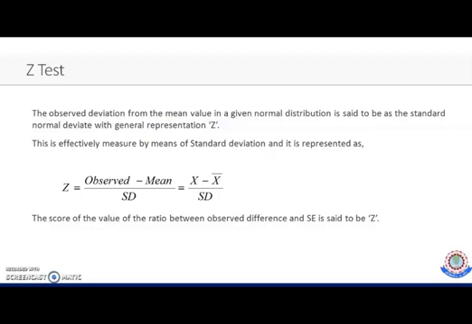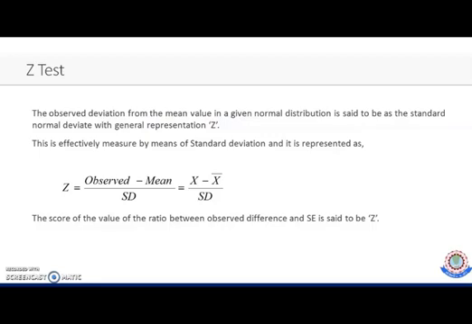It is measured in terms of standard deviation, focusing on how much a given observation or a tuple of record is smaller or higher than the mean value, described in units. The formulation is Z equals observed minus mean by standard deviation.